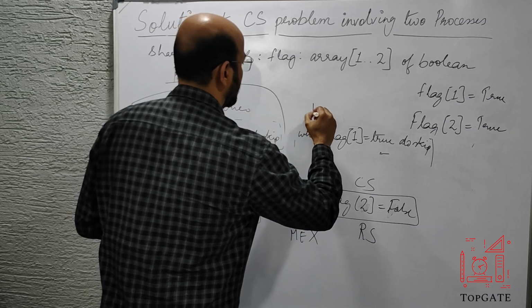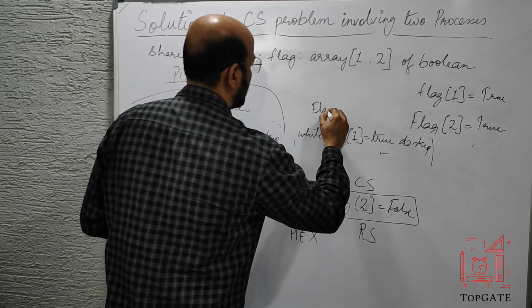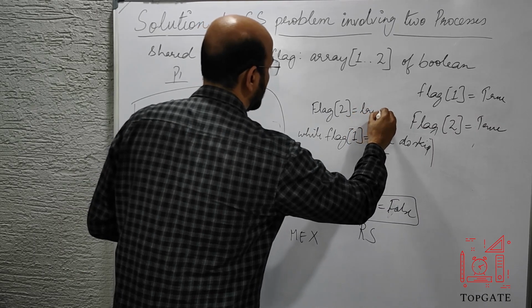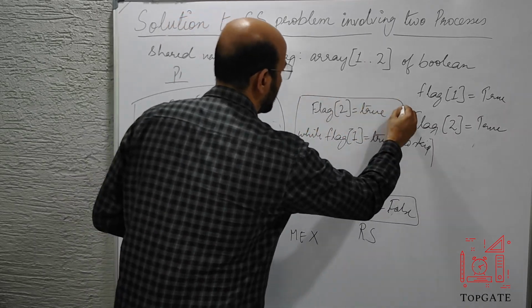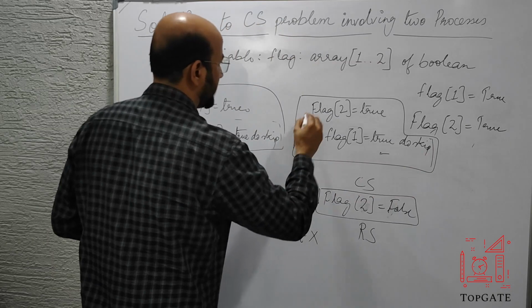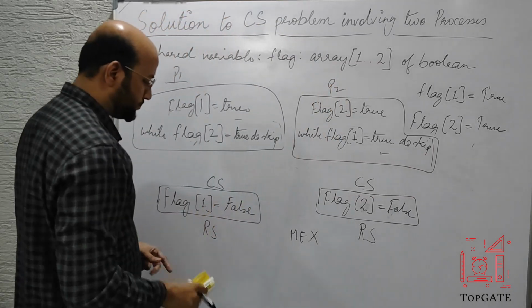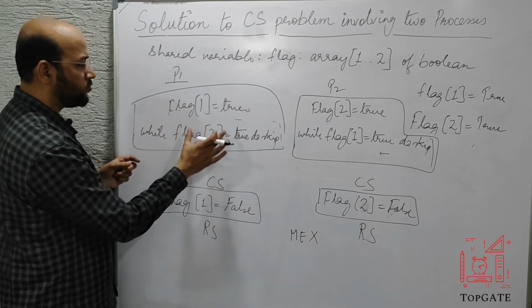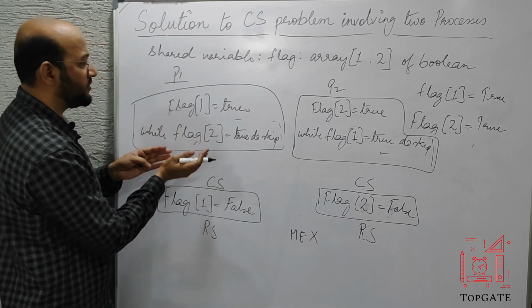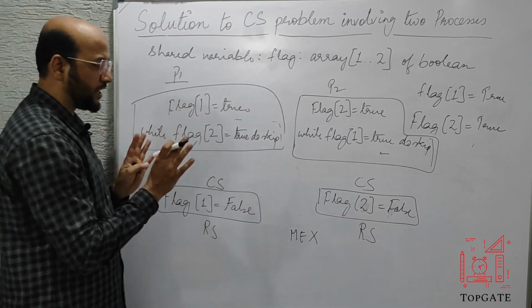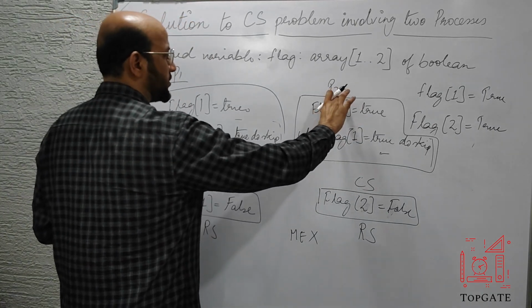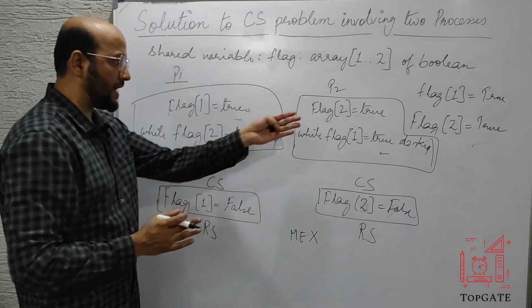I'll write flag 2 is equal to true, and this is your entry section for P2. So just a small change we have done. Flag 1 is equal to true was written here, and I have just shifted it to the very first statement. And here also flag 2 was written here, and I have just shifted it up to this point.